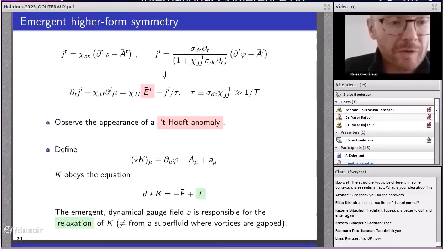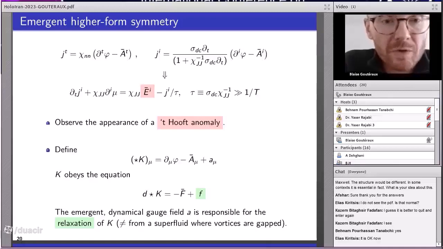We can recast those results into the language of emergent higher-form symmetries. Again, start from the constitutive relation for JI that we produced, then multiply by the denominator on the left and on the right, rearrange that equation, and you see that you can recast this constitutive relation as a dynamical equation for JI with the emergence of a 't Hooft anomaly.